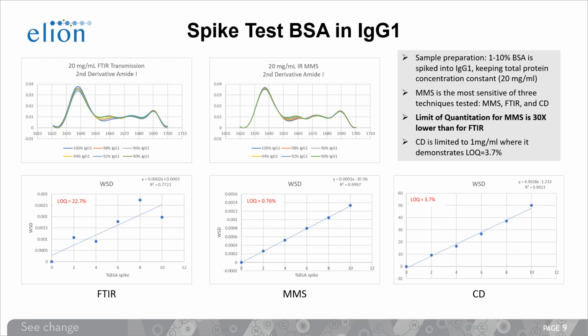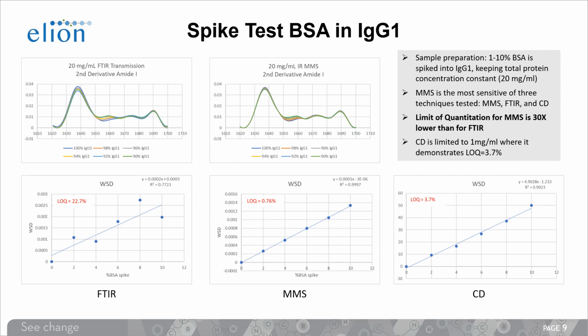A 20 mg per mil protein solution was measured, and the metric they used for similarity for this spike test series was weighted spectral difference, shown on the plots below. The limit of quantitation for traditional FTIR was 22.7%.